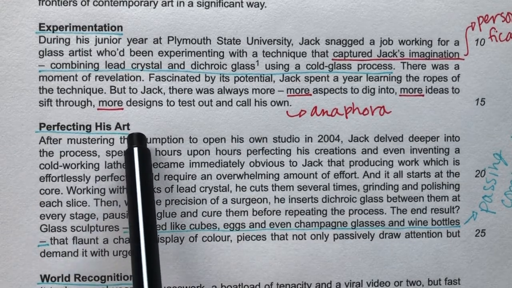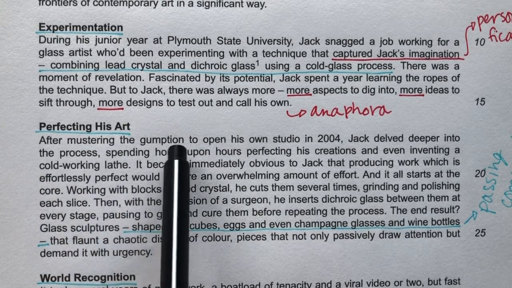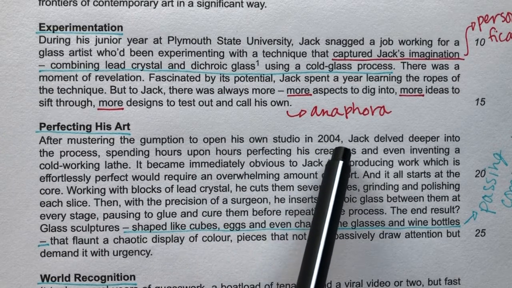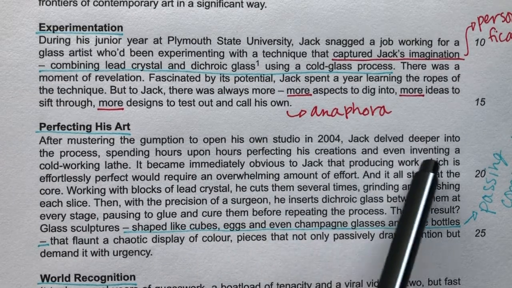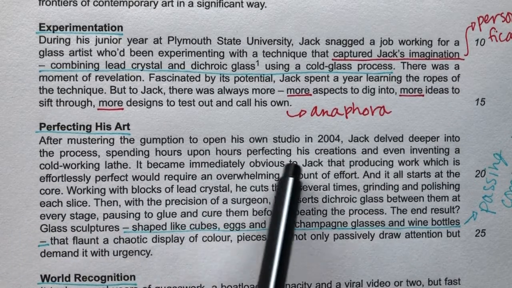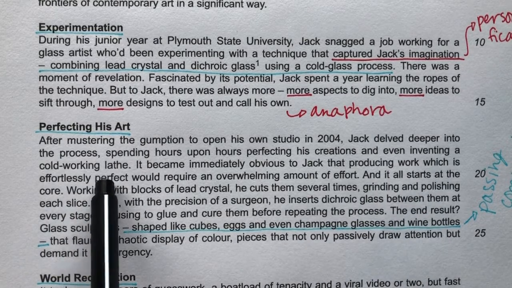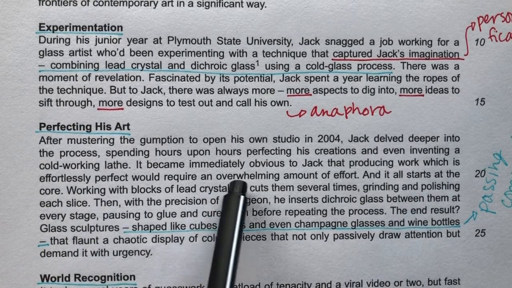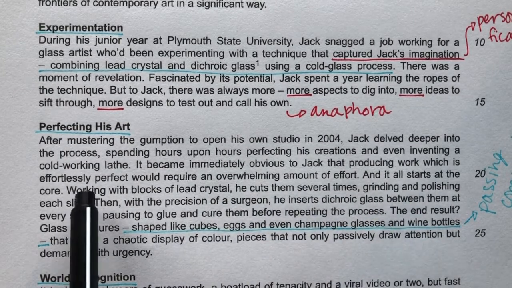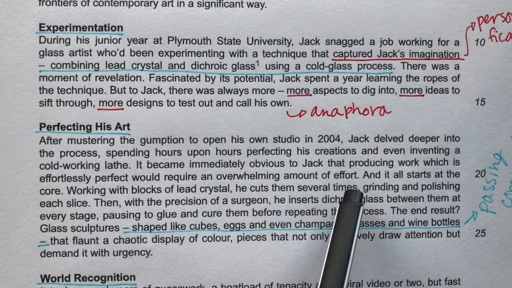Perfecting his art. After mustering the gumption to open his own studio in 2004, Jack delved deeper into the process, spending hours upon hours perfecting his creations and even inventing a cold working lathe. It became immediately obvious to Jack that producing work which is effortlessly perfect would require an overwhelming amount of effort.